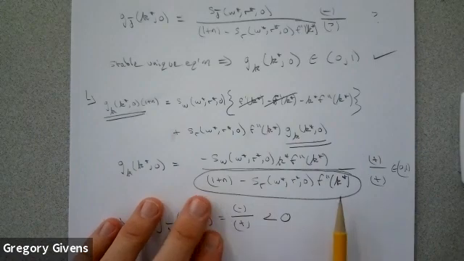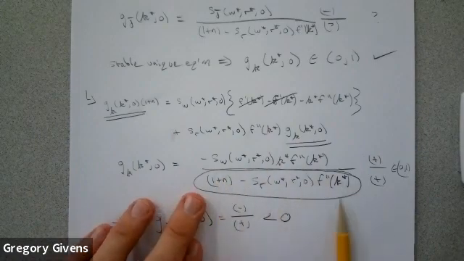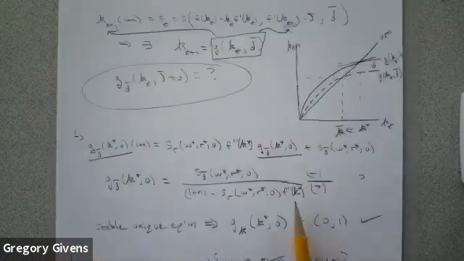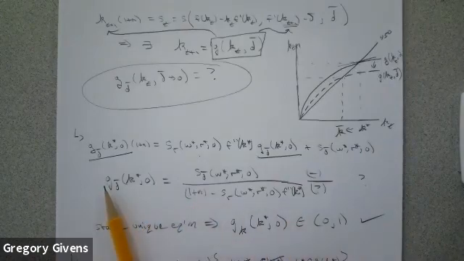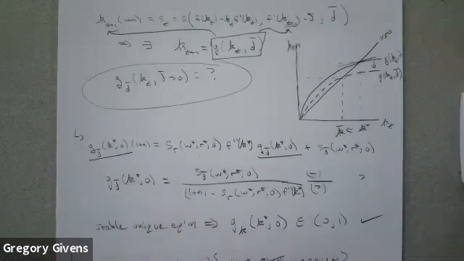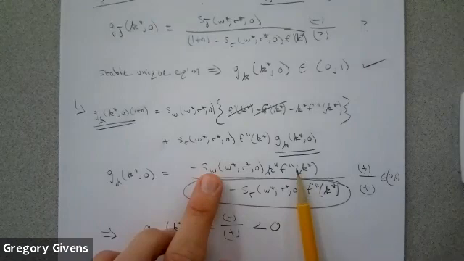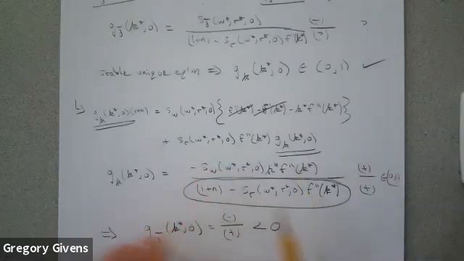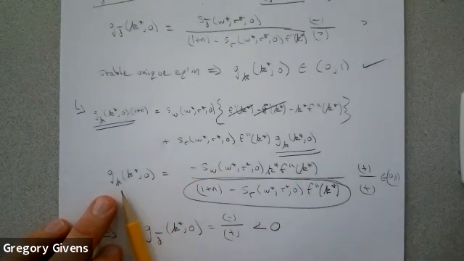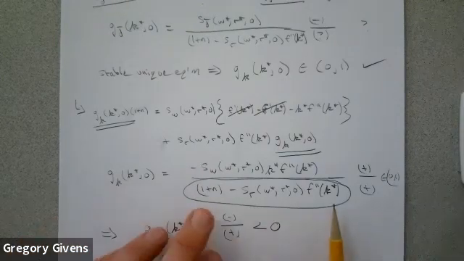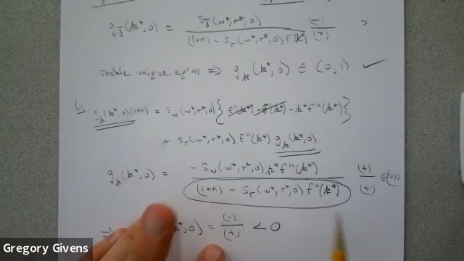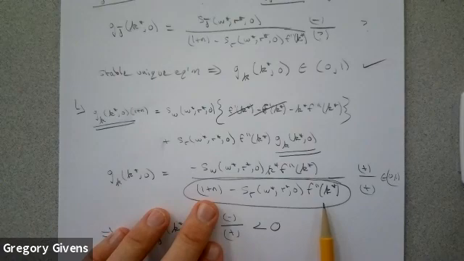And you see that in the denominator, you have the same term that we had when taking the derivative of G with respect to D. However, we know that the denominator here has to be positive because the numerator is also positive. So the only way we can make G sub K a positive fraction, and we know that it has to be true, is if the denominator is also positive.